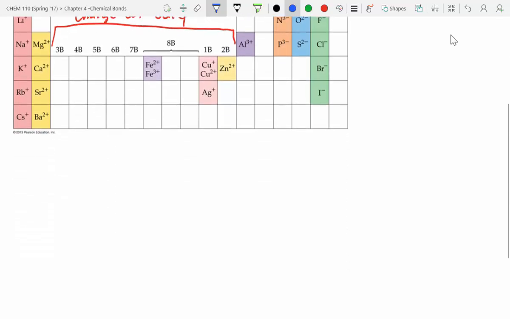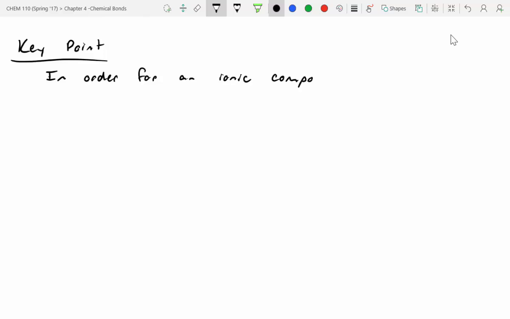All right. And then we'll do some practice and then hopefully get out of here a little early. So in order for an ionic compound to be neutral, your charges must cancel.